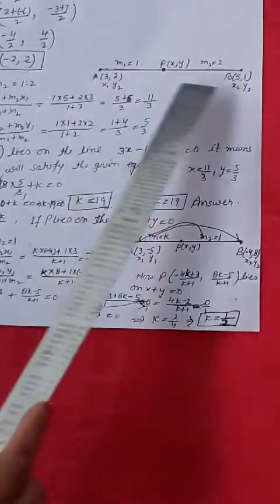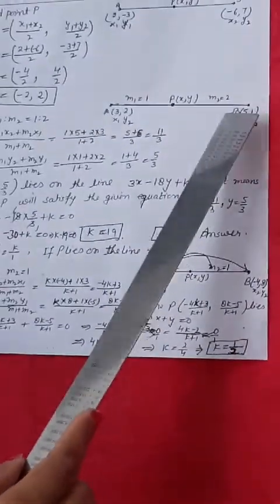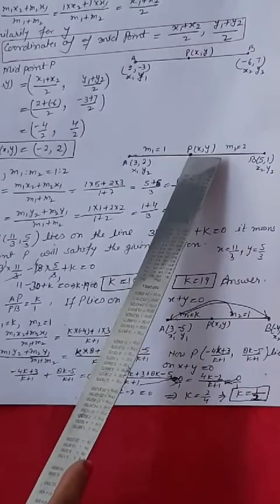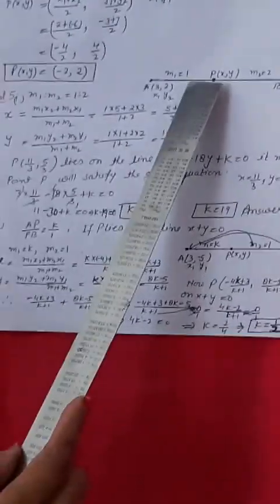So I have mentioned it here. Student, see how I have drawn this. I have read the question along with you, and every given thing I just mentioned in this line. It is very important. P is dividing in which ratio? 1:2. So I have mentioned here m1 is equal to 1, m2 is equal to 2.